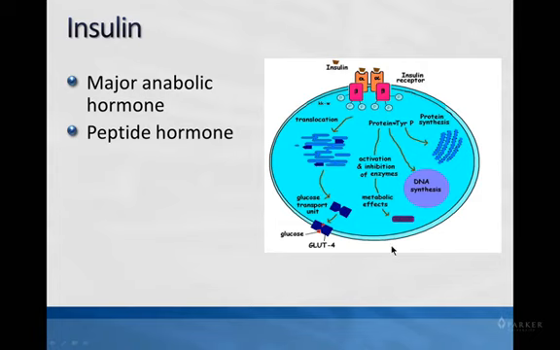And the effects are widespread. One of the effects is on protein synthesis. It has effects on metabolism. It's going to influence the movement of transport proteins to the cell surface to allow more glucose to get into the cell, and we're going to go over those very shortly.